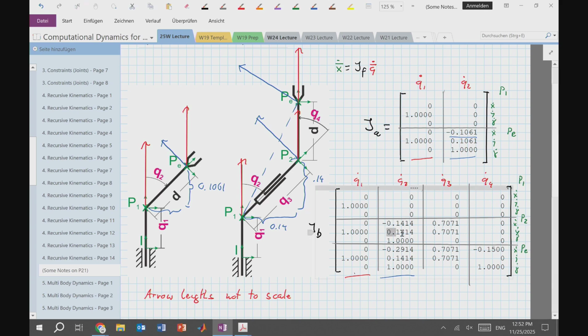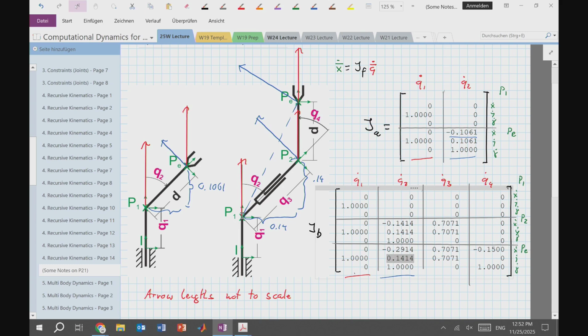And so I would expect that this value and that value are the same. So if I rotate with some velocity Q2 dot down here, PE and P2 will move with exactly the same velocity upward, simply because they have the same lateral distance to the center of rotation.